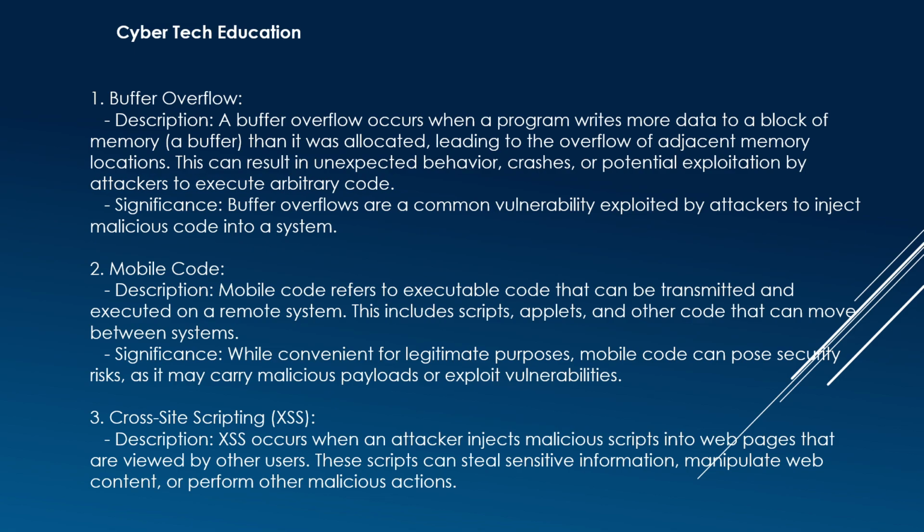Mobile code. What is mobile code all about? Mobile code refers to executable code that can be transmitted and executed on remote systems. This may include scripts, applets, and other code that can move between systems. Again, mobile code refers to executable code that can be transmitted and executed on a remote system.